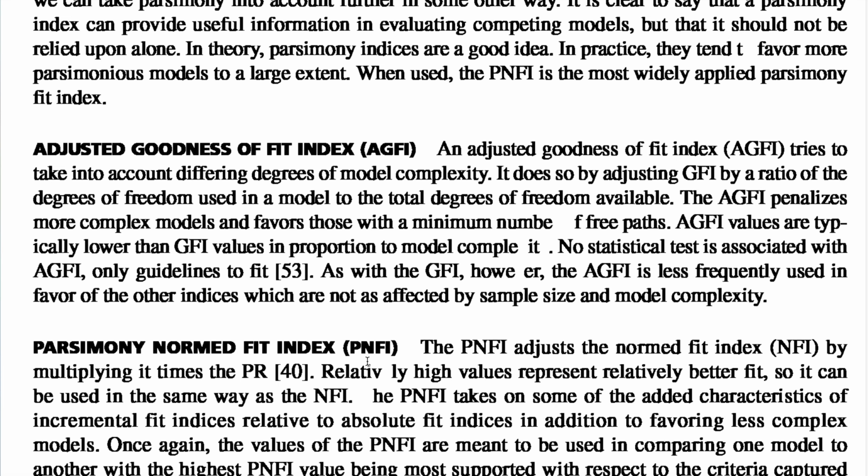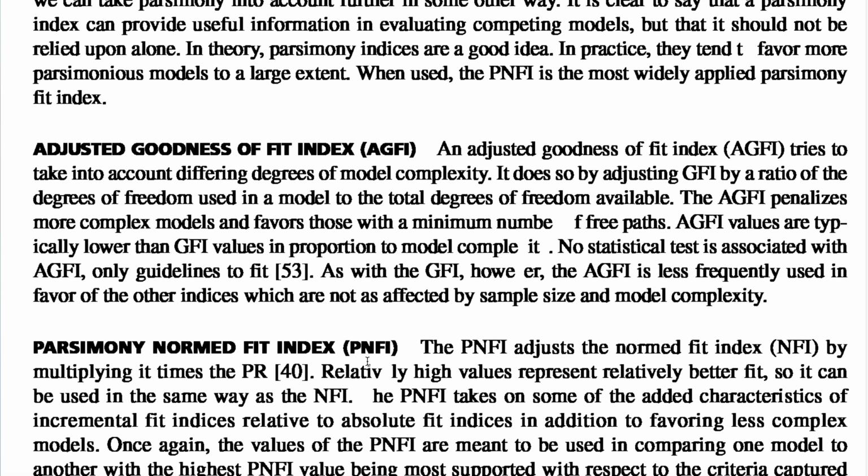AGFI values are typically lower than GFI values in proportion to model complexity. No statistical test is associated with AGFI, only guidelines for fit. As with the GFI, however, the AGFI is less frequently used in favor of other indices which are not affected by sample size and model complexity.